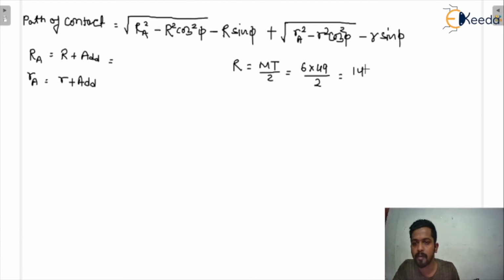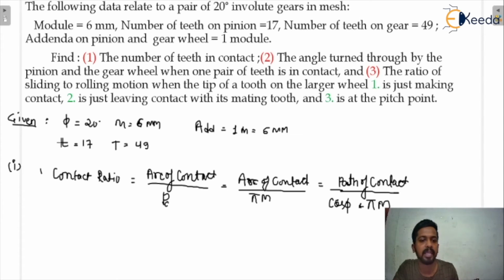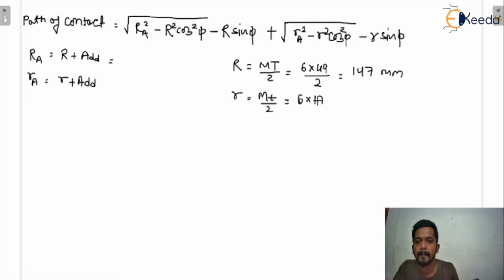When you calculate this you will get 147 mm. And what is the value of small r? That is m t by 2, that is 6 multiply number of teeth on the pinion, which is 17, and you will get 51 mm. Are you getting my point? Now addendum is given in the question.